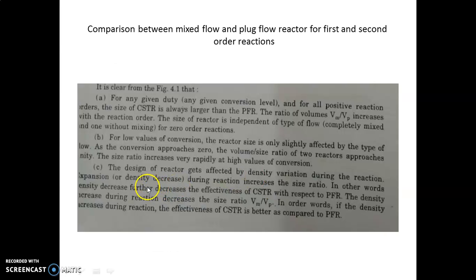Then the design of the reactor gets affected by density variation. That means if the density is changing during the reaction, the design of the reactor gets affected. If the density decreases during the reaction, it increases the size ratio.